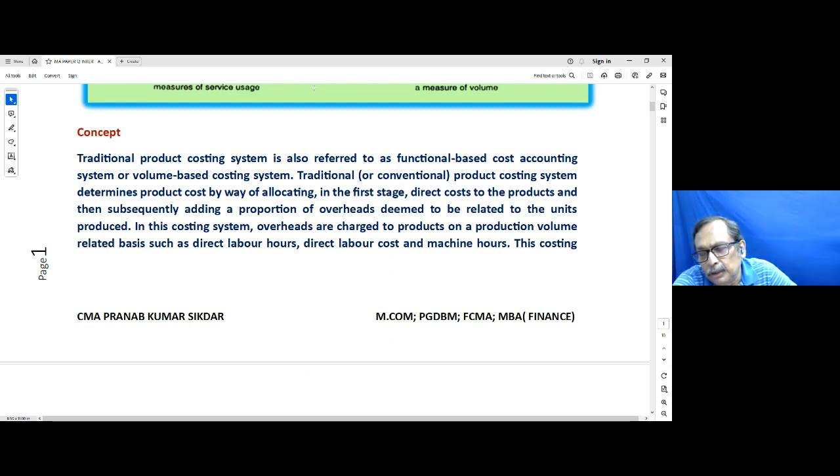Then there is reapportionment of service department cost to the production departments, and we calculate the overhead absorption rate either on the basis of labor hours, machine hours or direct labor cost, and based on these rates we charge the overhead cost to the various cost objects or products.